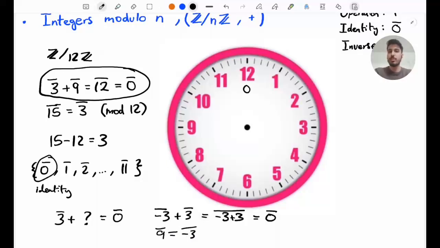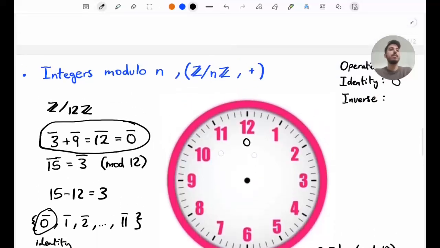So is there a way to know if two numbers are congruent? Absolutely. If you take 9 minus minus 3, so if you take the difference and you divide it by 12, you get an integer. So A is congruent to B mod 12 if 12 is a divisor of the difference A minus B. So this notation means that 12 is a divisor of A minus B. Great.